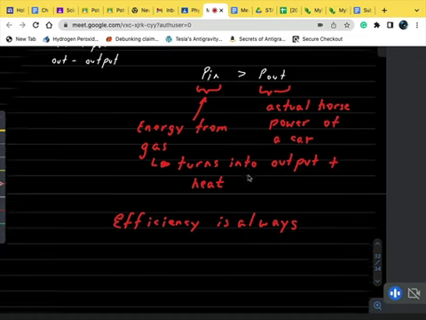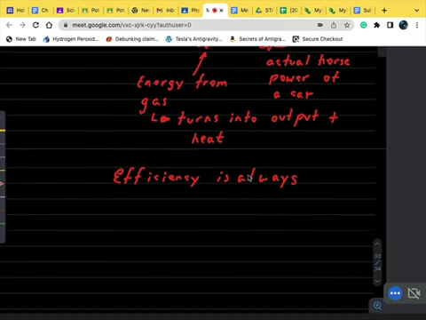But you're not going to get 100%. Always less than 100%. Why is the efficiency less than 100% in all working motors, in all mechanisms? Why not 100?